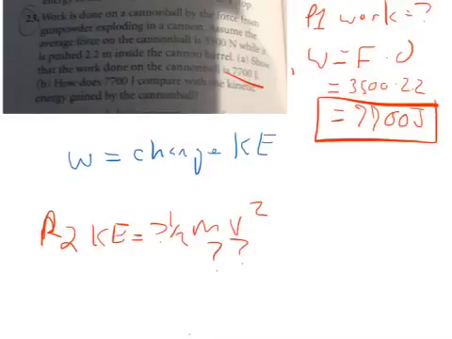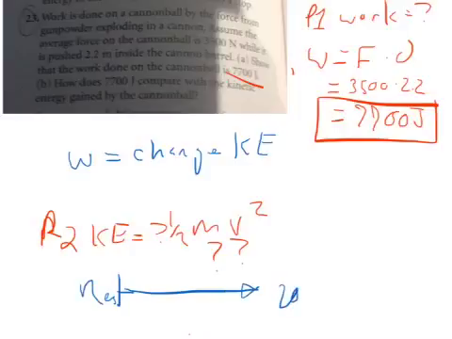Just like, I don't know, if a car speeds up from rest to going 20 miles per hour, that's a change in kinetic energy. It sped up. This change is how much work was done by the engine.